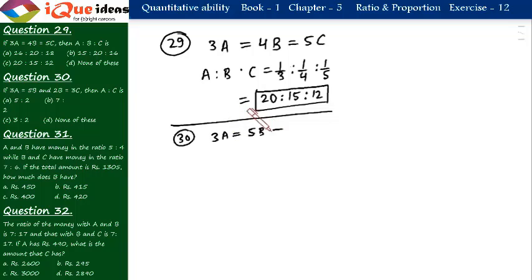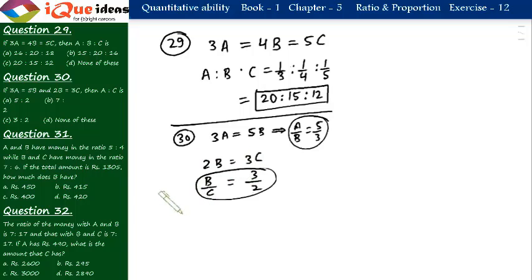So that means A by B will be equal to 5 by 3. Similarly, 2B is equal to 3C. That means B by C is equal to 3 by 2.